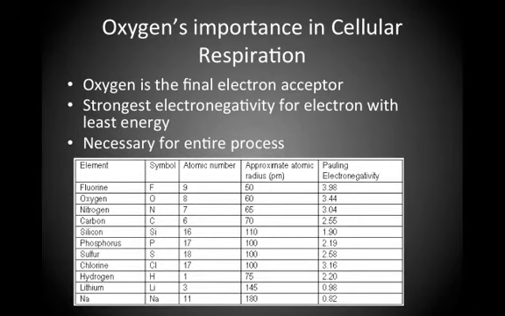Now, how do we get those electrons from one molecule to another? It's all about electronegativity. This chart shows the electronegativity that certain atoms have for electrons. Sodium, lithium, and silicon all have a low electronegativity, as opposed to chlorine, nitrogen, oxygen, and fluorine, which have very high electronegativities.